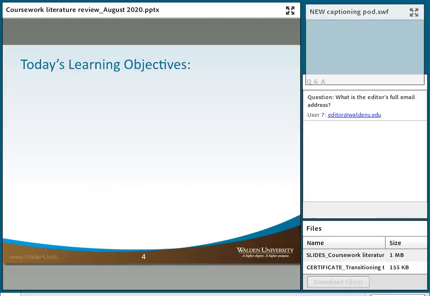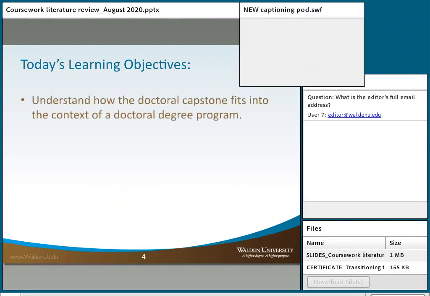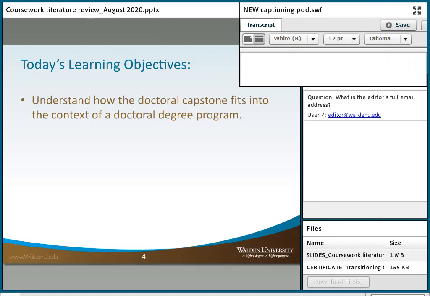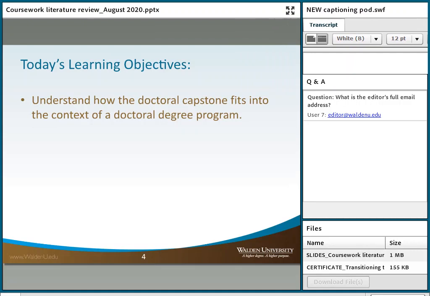So I see dissertations from all the various doctoral programs at Walden, and I absolutely love my job. One of my favorite things is talking about writing, though, and helping students get from point A to point B, to point C to point Z, the end, right? Where you can call yourself a doctor.